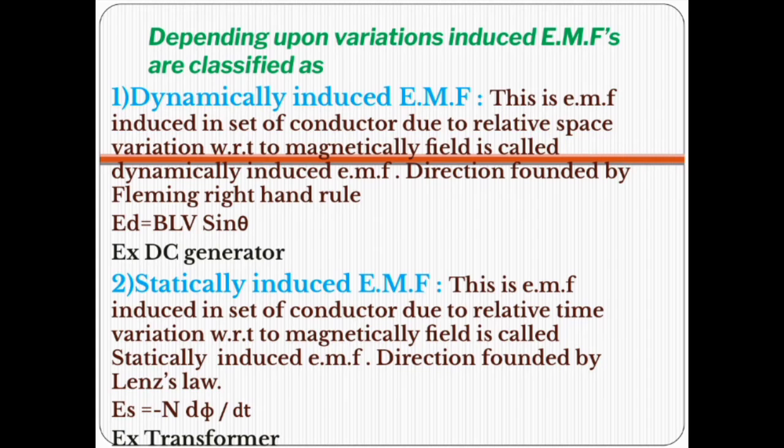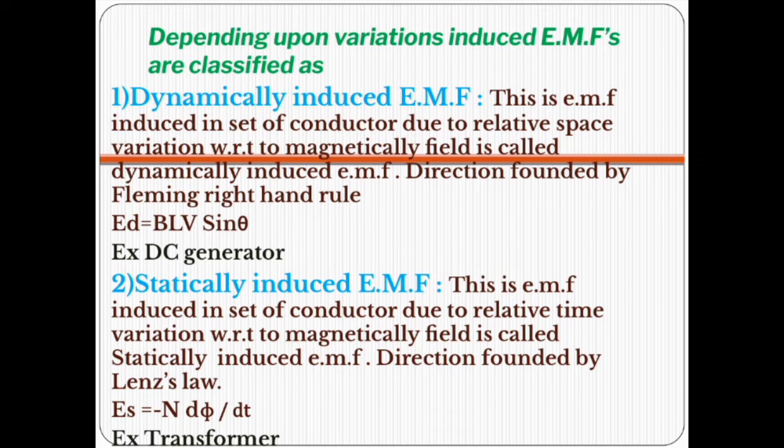An example is the transformer. In a transformer there are no rotating parts, as I already said in the first slide. But how is the EMF induced? Because relative time variation occurs.